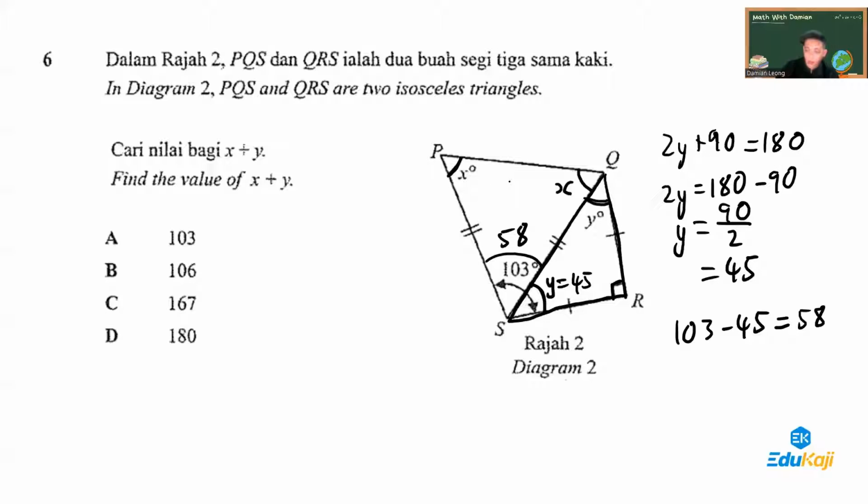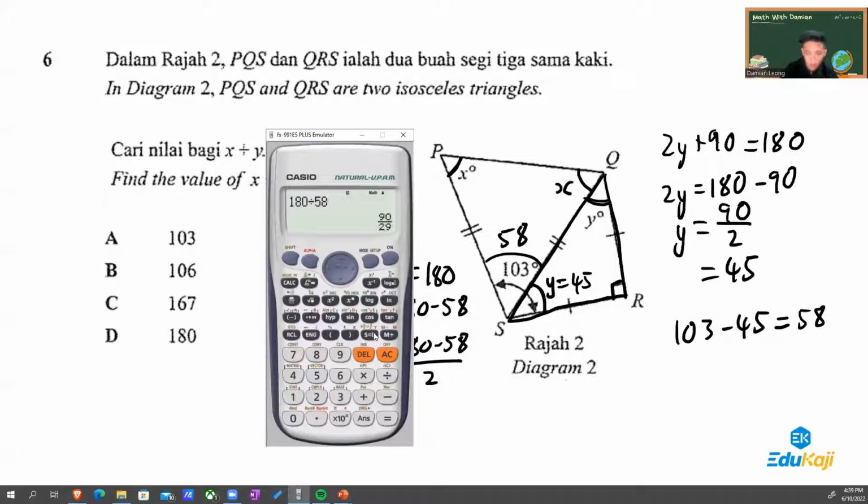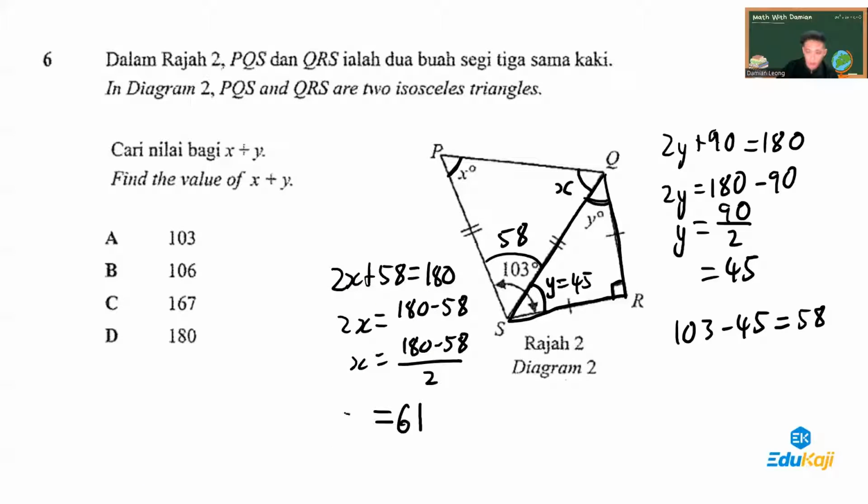Then to find x, 2x plus 58 is 180. 2x would be 180 minus 58. x is 180 minus 58, divided by 2, which is 61. So x is 61, y is 45, means x plus y is 61 plus 45, 106. Answer B.